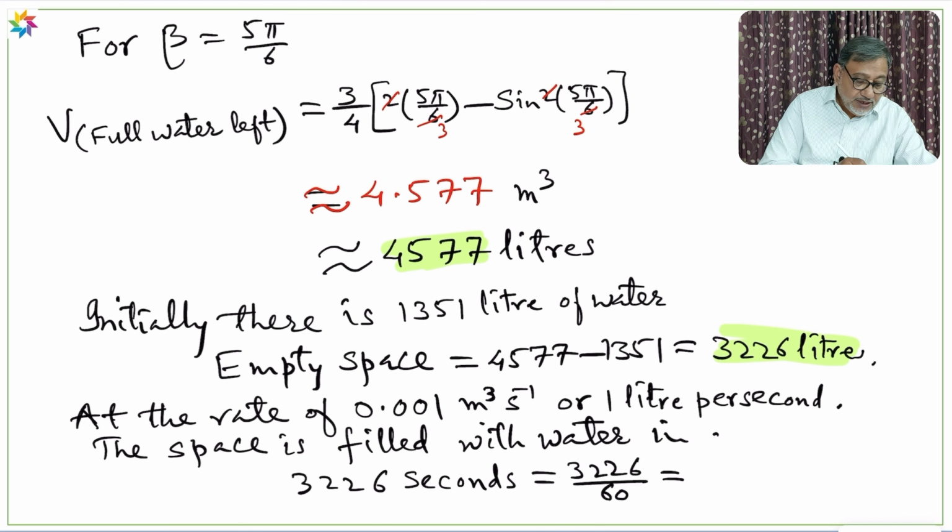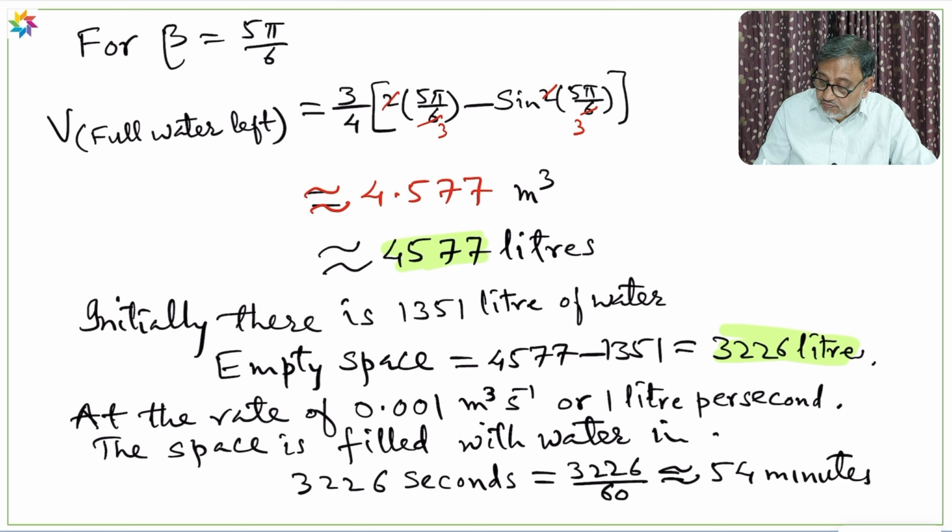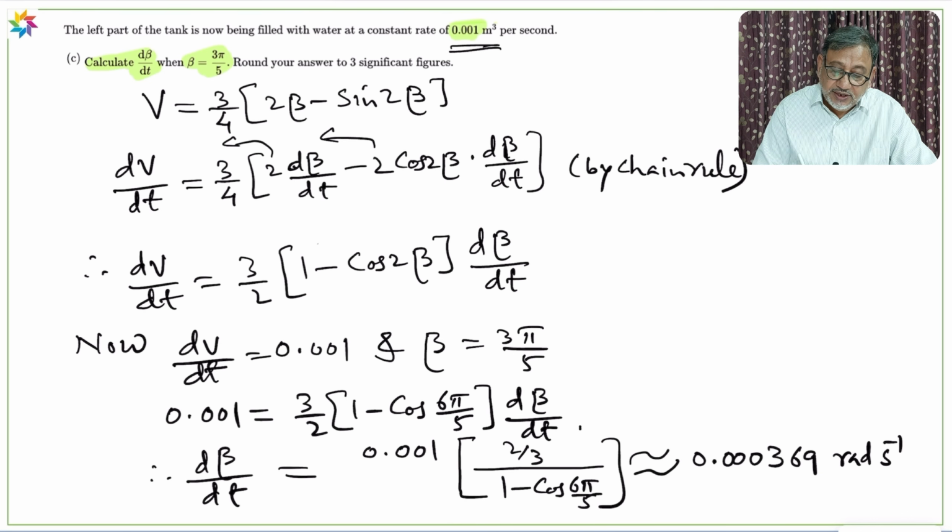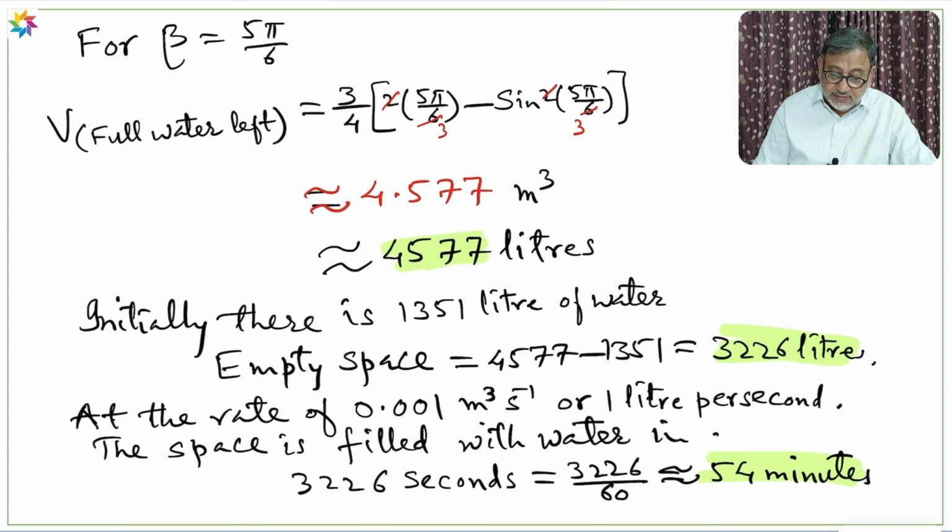So when we divide by 60, it is approximately 54 minutes. Right? Yeah, this is the time they wanted from us. Find the time it takes. Calculate dB by dt, so that we have calculated, and then this we have found, right?